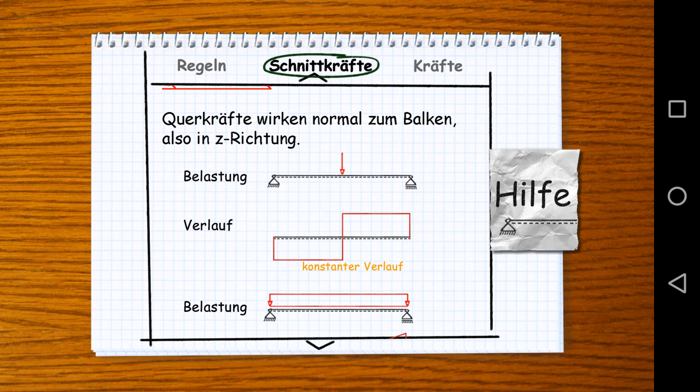The reaction forces of the supports are going to be half the value of that single load, directed upwards. So on the left side at the pin support, we're going to have half the value of the single load directed upwards. And on the right side at the roller support, we're also going to have half the value of the single load directed upwards.